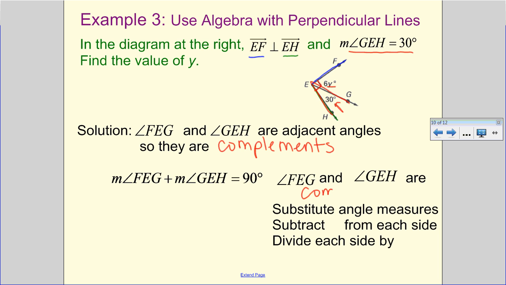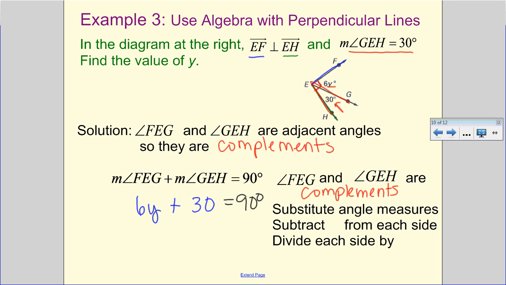That's our reasoning. That's our logic. All right, so what we're going to do is substitute in the angle measures. FEG is 6y. GEH is the 30 degrees, and we know that equals 90 because they're complements.